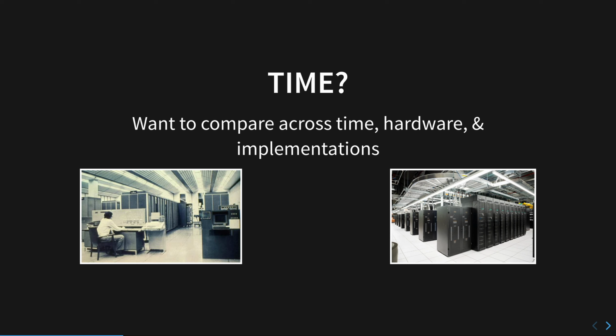So we want the analysis to hold up when we go from computer to computer, because those are generally getting faster each year. And we want it to still hold up even across implementations. So if we take this algorithm and write it in C versus Python versus Rust, JavaScript, whatever, we still want the same analysis to apply.